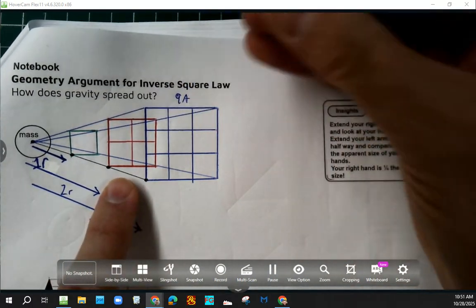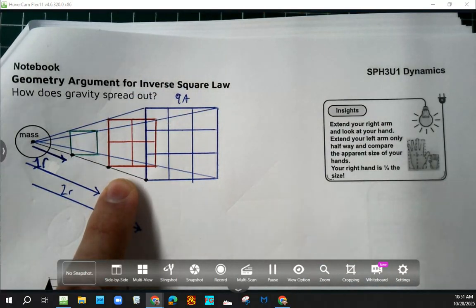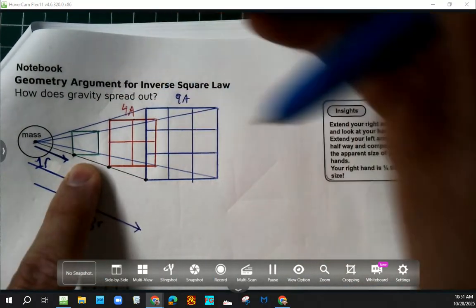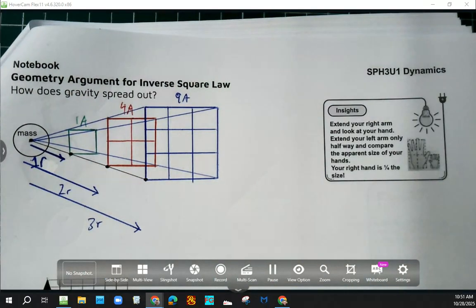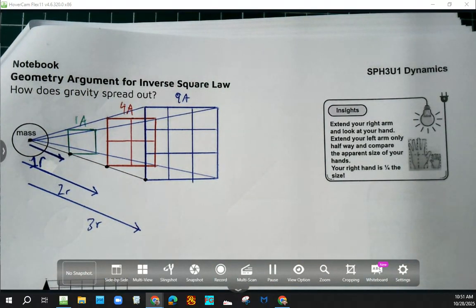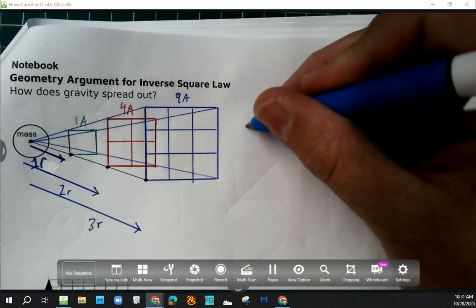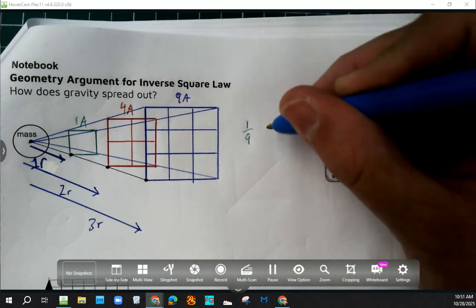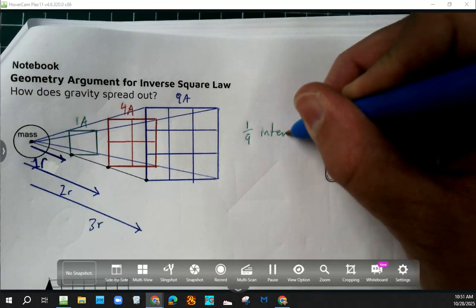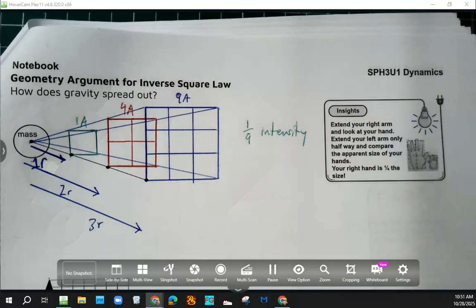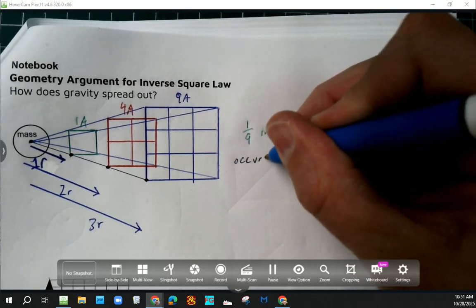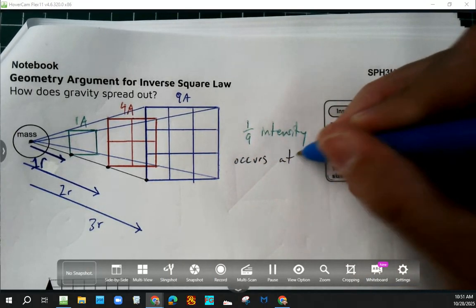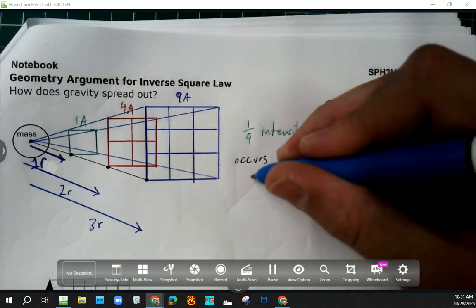How many units of area here? 4. And 1. And it turns out that if I think about this idea of the peanut butter gun, I could say that 1/9 of the intensity occurs at 3 times the distance.